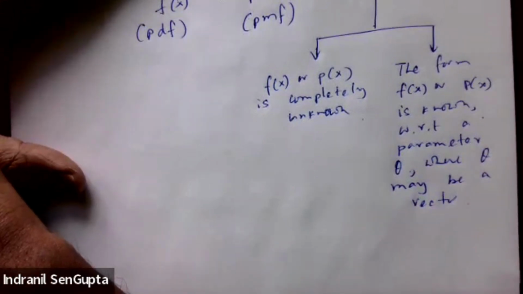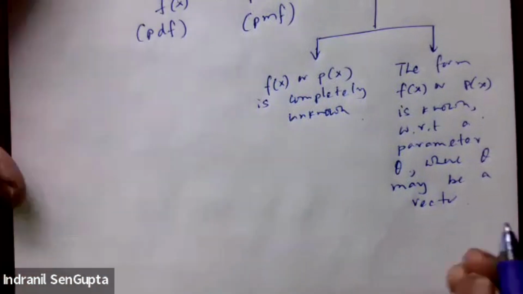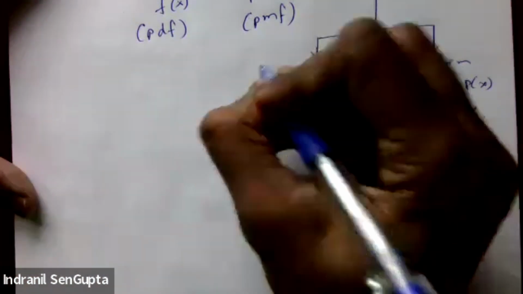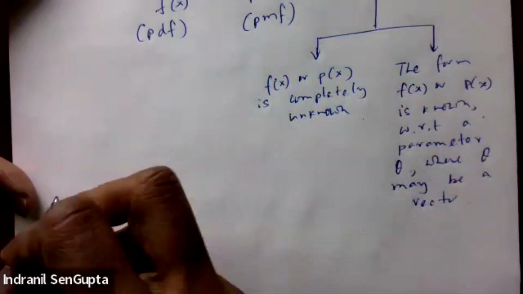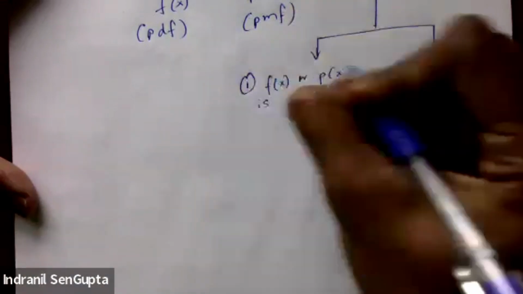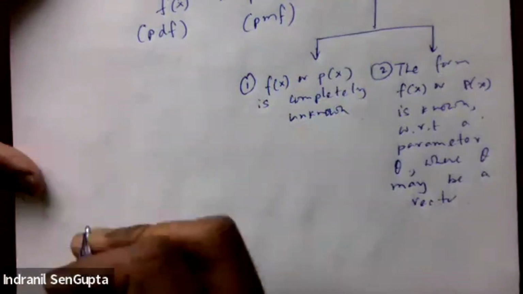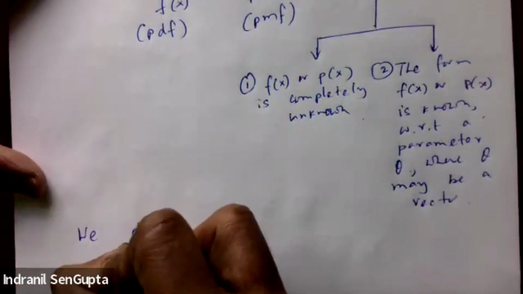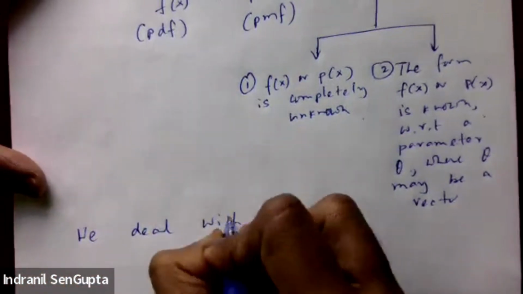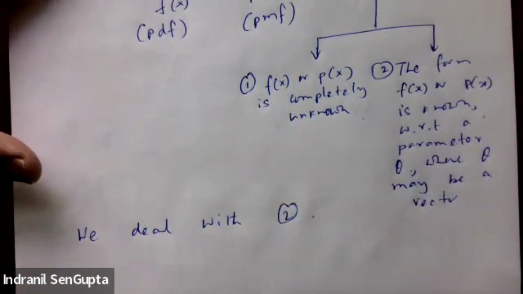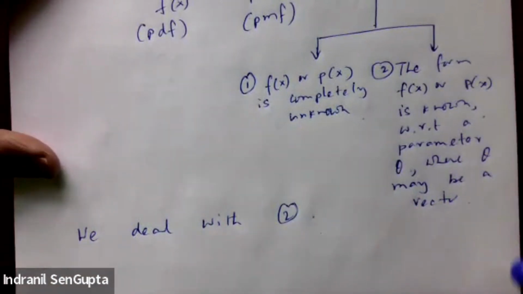I'll give some examples on this one. Let's call these 1 and 2. We deal with 2, not with 1 here.